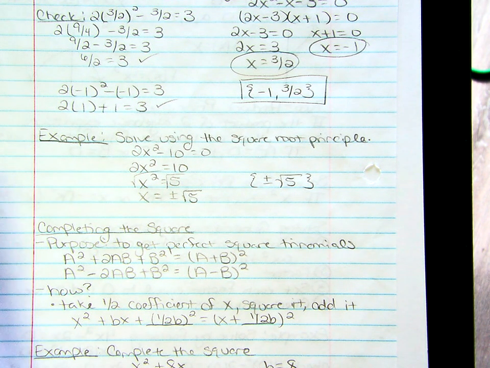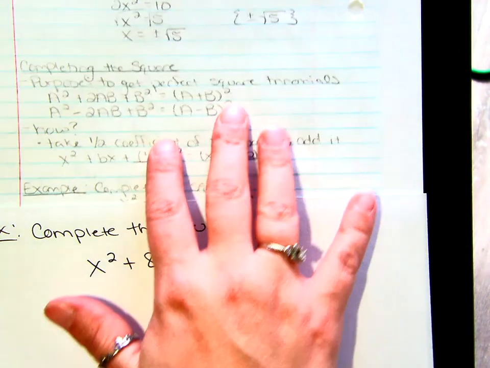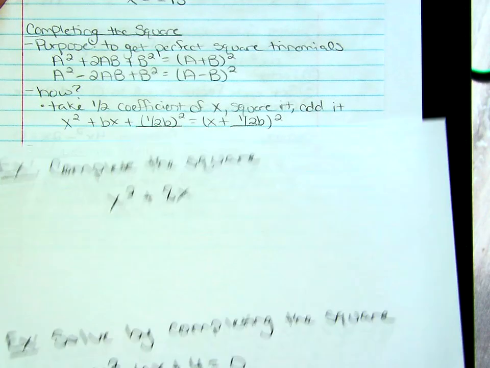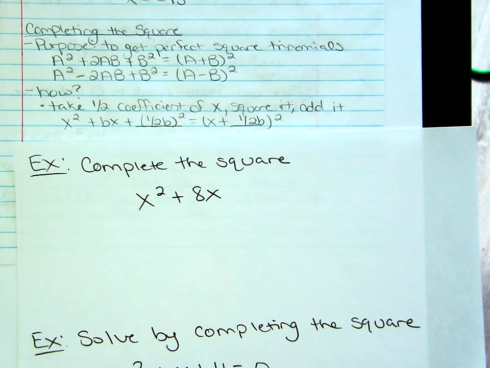We just have an expression, and we are just going to use the steps of completing the square. It says complete the square for x squared plus 8x. Notice there is no equal sign, so we are not actually going to solve. We're just going to do the steps of adding the 1/2 b squared. Okay?